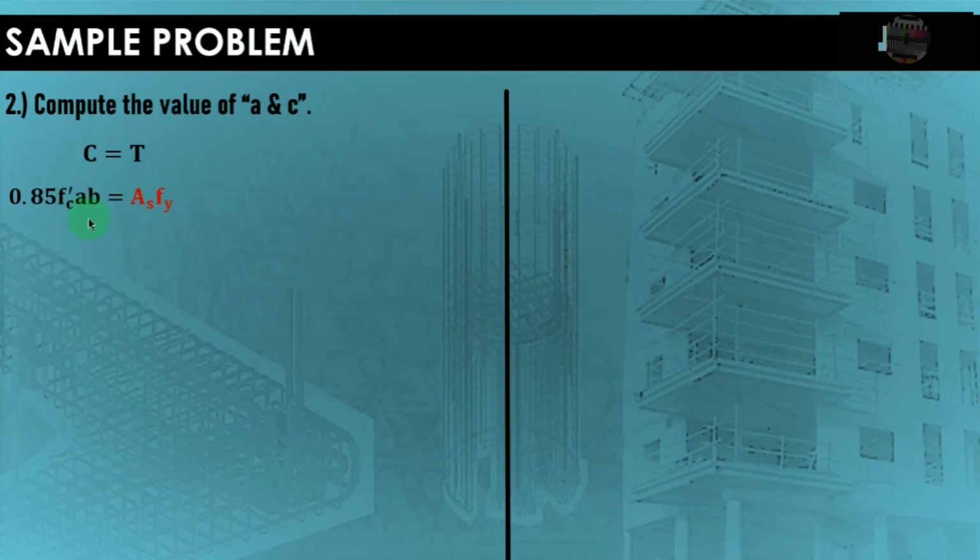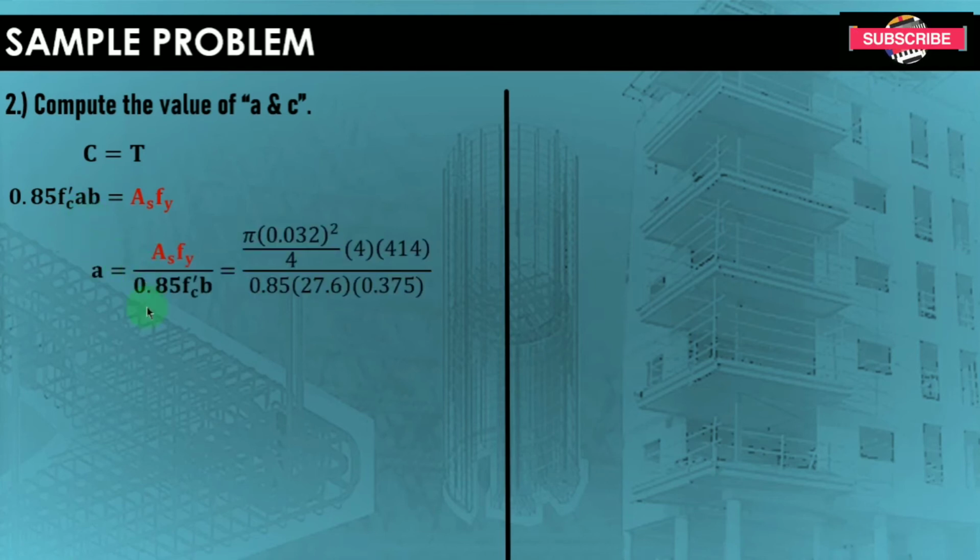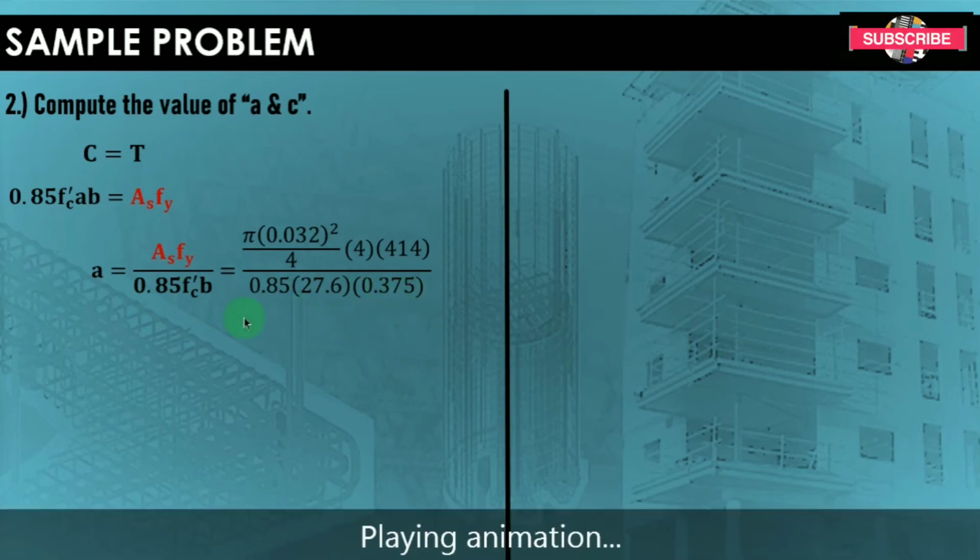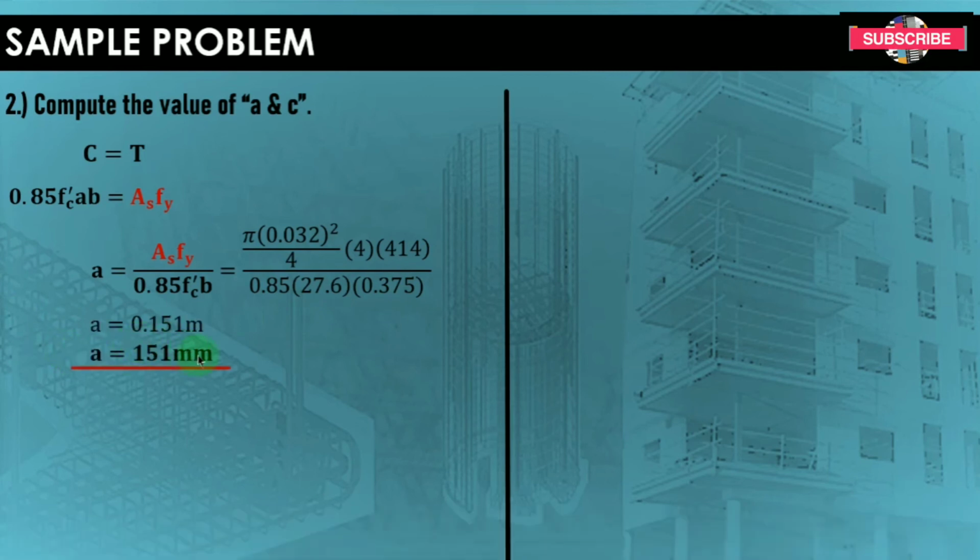So the only unknown here is the value of a. So this is the formula, and we substitute the area of steel times Fy of 414, and 0.85 times Fc prime of 27.6 times this b of 0.375. The result here is 0.151 meter, or we will use mm, so 151 mm.